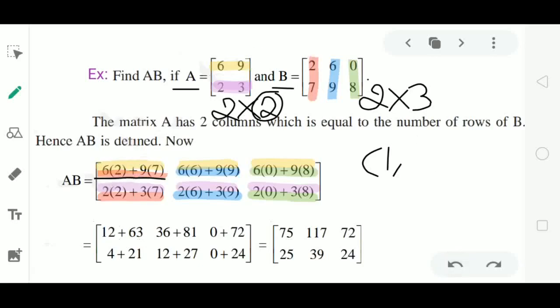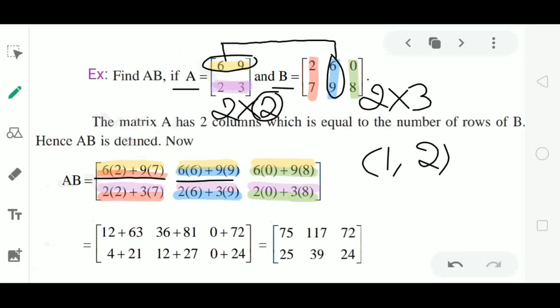Next, to find second element of AB, that is element lying in first row, second column, we consider first row of matrix A and second column of matrix B and multiply them element wise, that is first element of first row of matrix A, 6, is multiplied with first element of second column of matrix B, 6, 6 into 6.